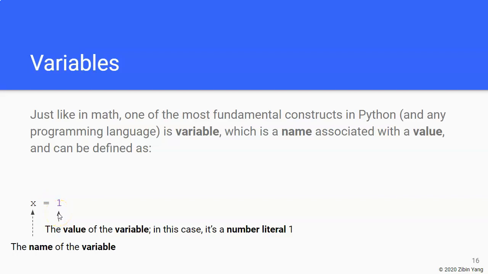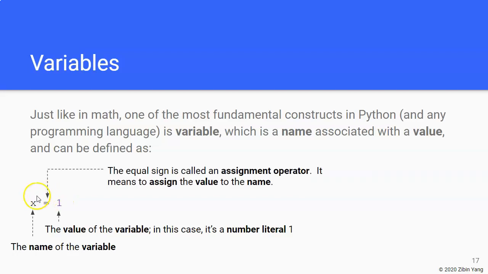But on the right side of the equal sign is the value for the variable x. In this case, the value is a number, and it is a number that represents the value 1. So this number is called, in programming lingo, a number literal.